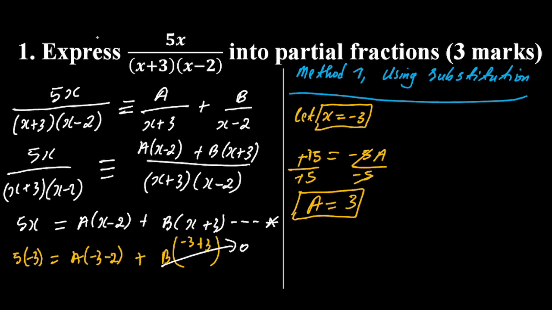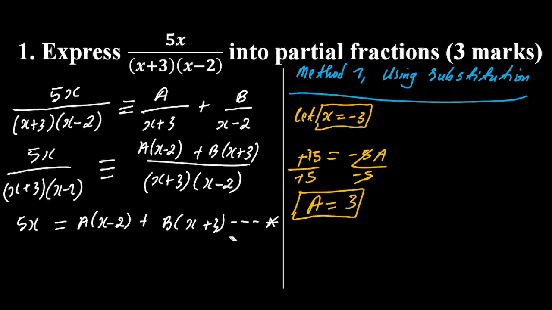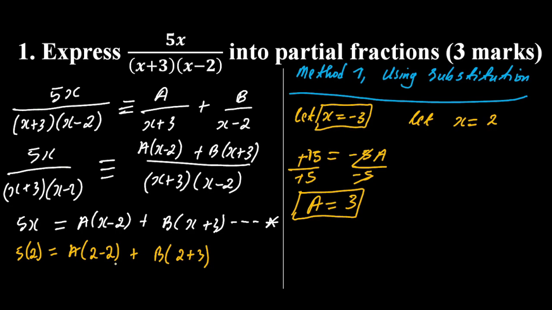Doing something similar for B, using another substitution, we're going to look at another value. Now let x be equal to 2 in this case. Why 2? If I put 2 here, it's going to cancel. Therefore, I'm going to have 5 into 2 equal to A into 2 minus 2 plus B into 2 plus 3.